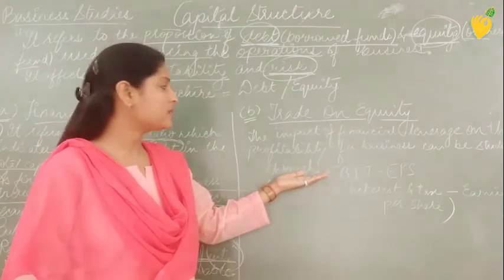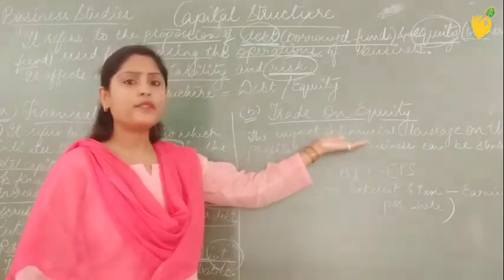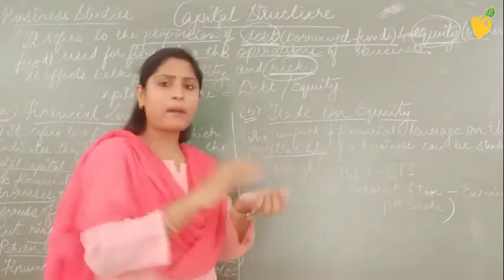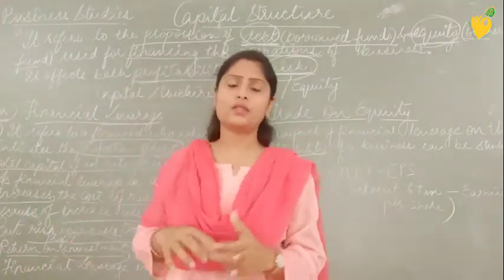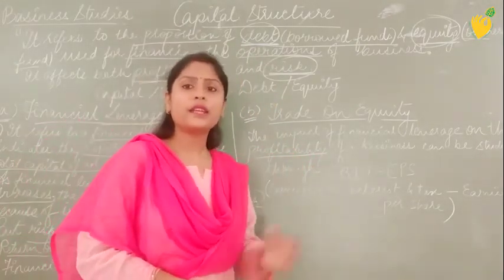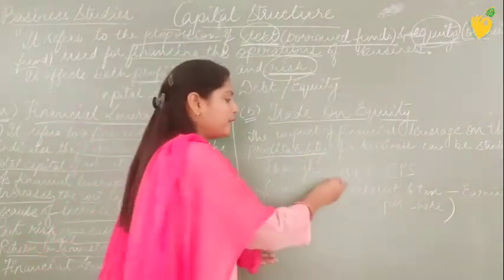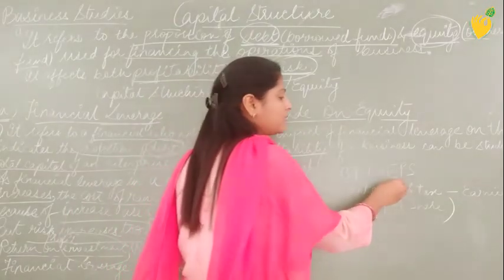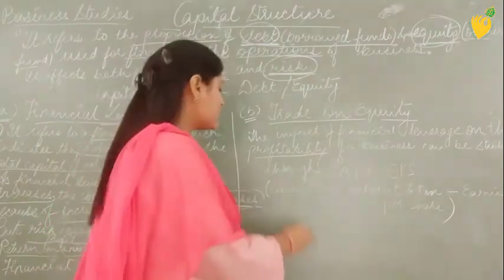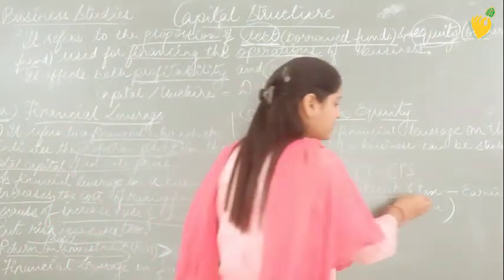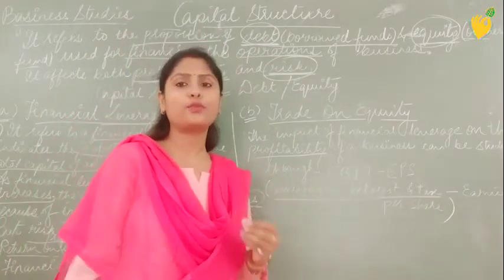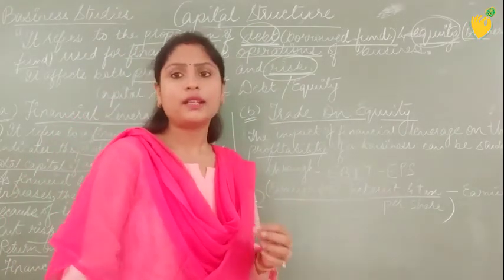The statement further says the impact of financial leverage on profitability. So how impactful this financial leverage is, how much profit it is bringing to the organization, we can calculate with the help of EBIT minus EPS. Now what is EBIT? It is earning before interest and tax. The organization has not paid a single penny from the profit which it has earned.